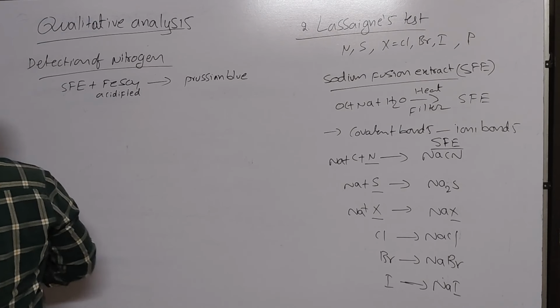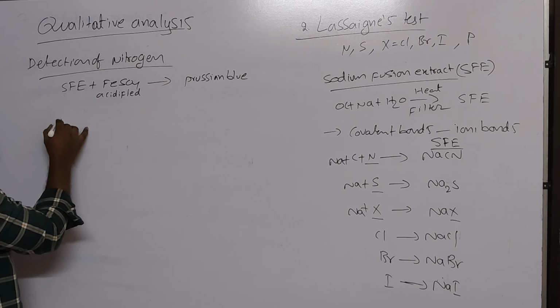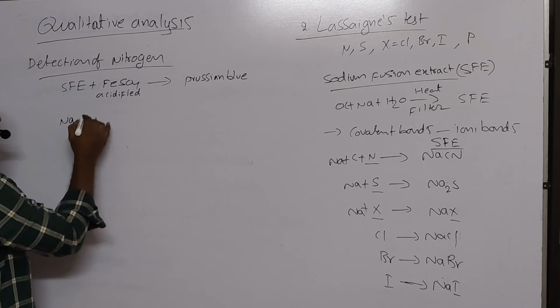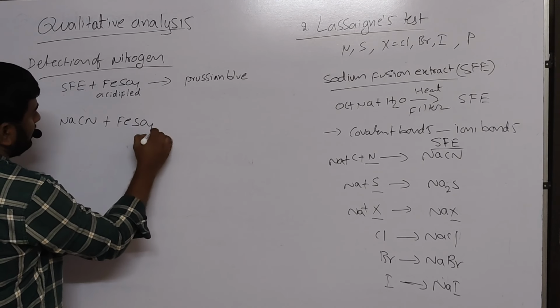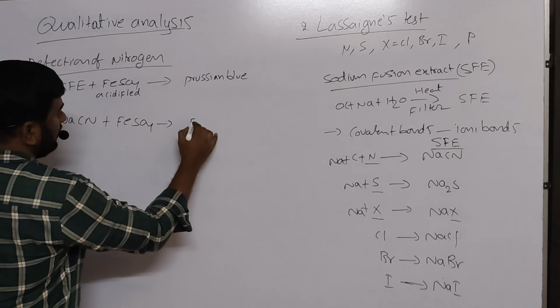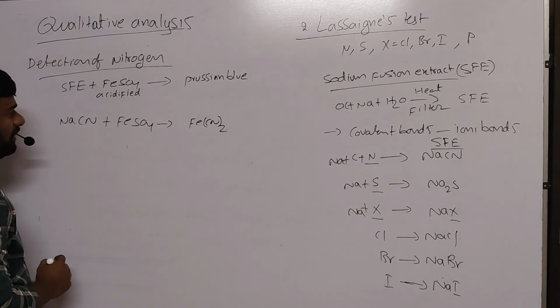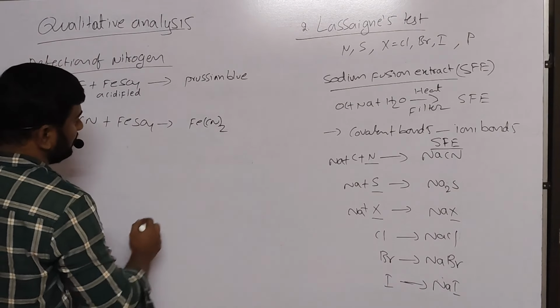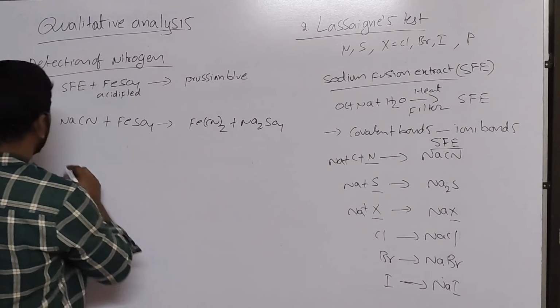Okay, so here in the detection of nitrogen, the sodium fusion extract contains NaCN. NaCN on reaction with FeSO4 gives Fe(CN)2 plus Na2SO4.